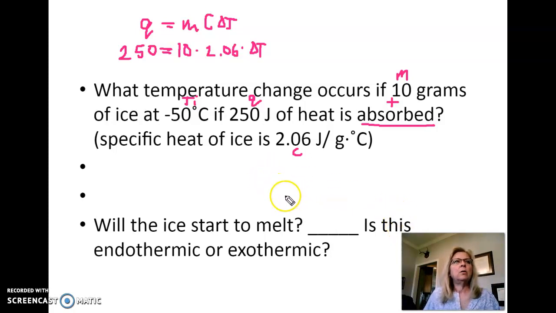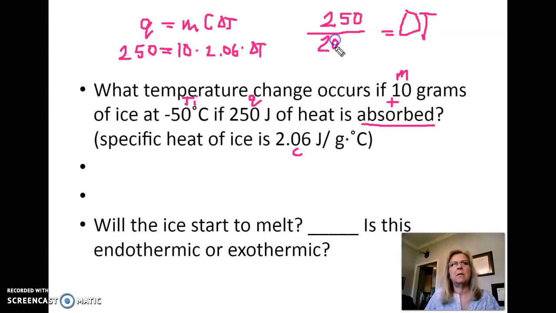Okay, so to do that, we are going to solve for delta T, which is going to be equal to 250 divided by 10 times 2.06, which is 20.6. All right.